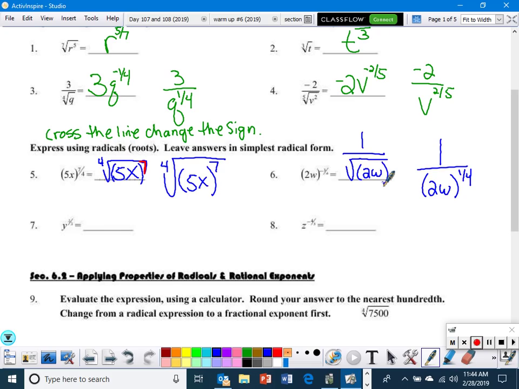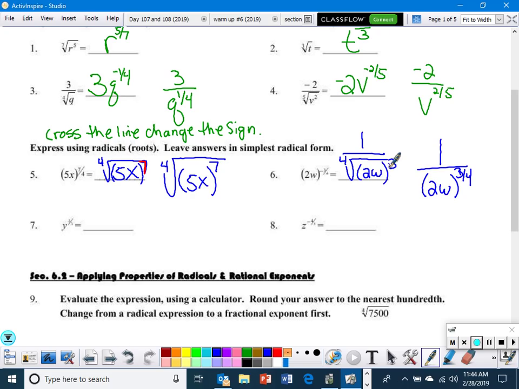And the radical is a 4, fourth root. And oops, that's a 3. Okay, this is a 3. Kind of hard to see it. That's a 3. So that means I need to put a 3 right here. All right, so make sure that you have the 3 on there. And number 6 is done.